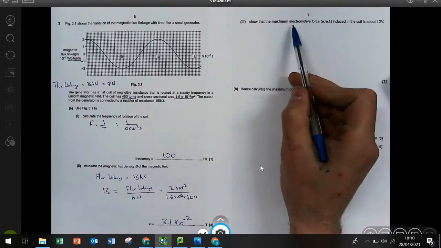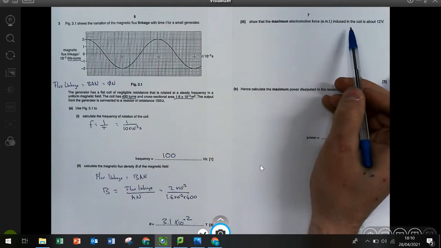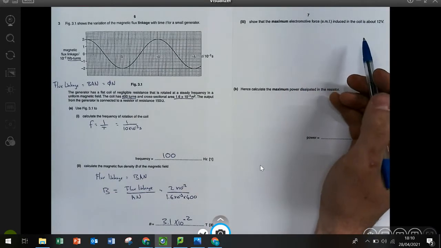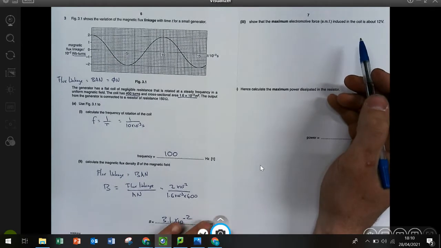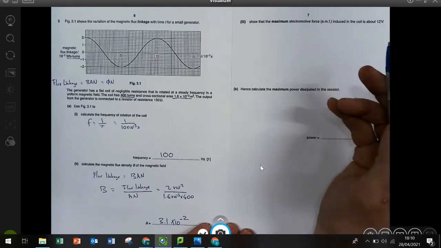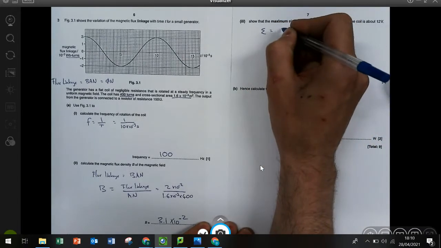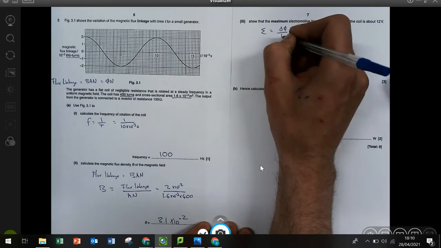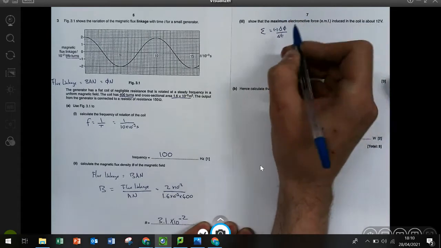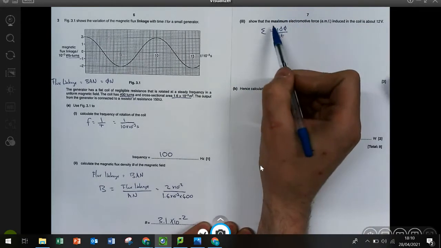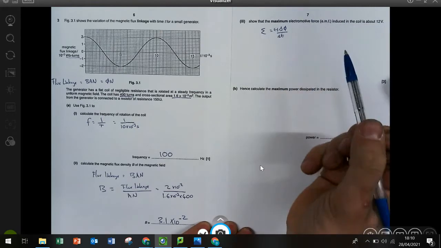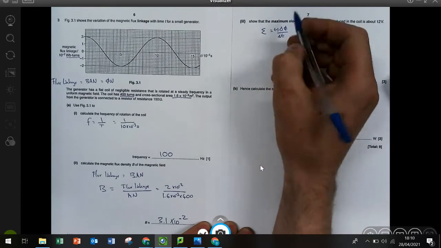Show that the maximum electromotive force induced in the coil is about 12 volts. So this is asking for the crucial relationship when we're talking about induced EMF. The EMF is the rate of change of flux. There is a minus sign there, which tells us that the direction of the induced EMF opposes the change that creates it. That's Lenz's law, but that's actually not needed here.